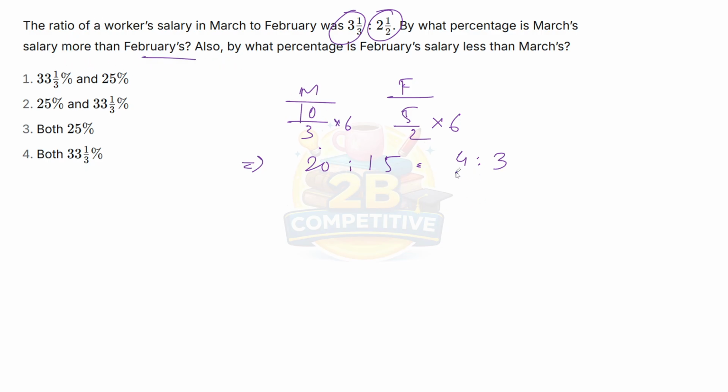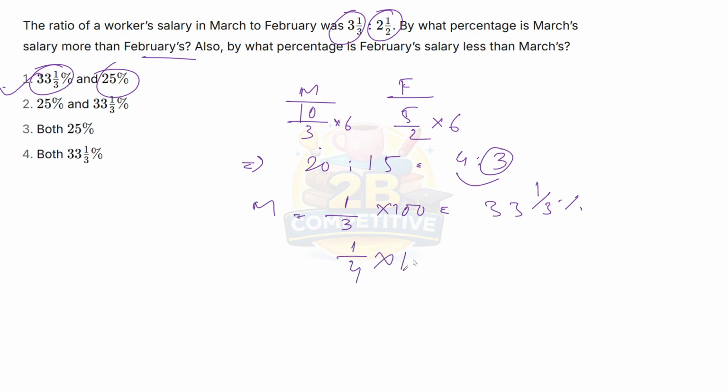So March salary more is 4 minus 3, that is 1 by 3, so 100 by 3, we know this. So in the options the first is 33.3, so this will be the answer. You can also solve this as 25% by 1 by 4 into 100, so that will be 25% for the February one.